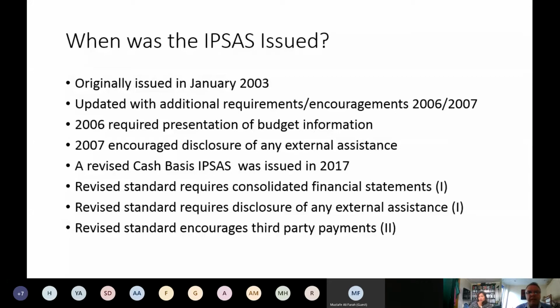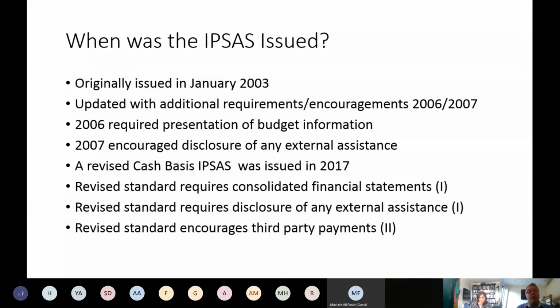So in 2003, then, IPSAS issued this standard. And it's being updated. As you go along, it gets updated. So you see 2006 and 2007. So what happened in 2006? Well, they included the presentation of budgetary information. Now, before that, it wasn't needed. I mean, why would you need to show a budget?